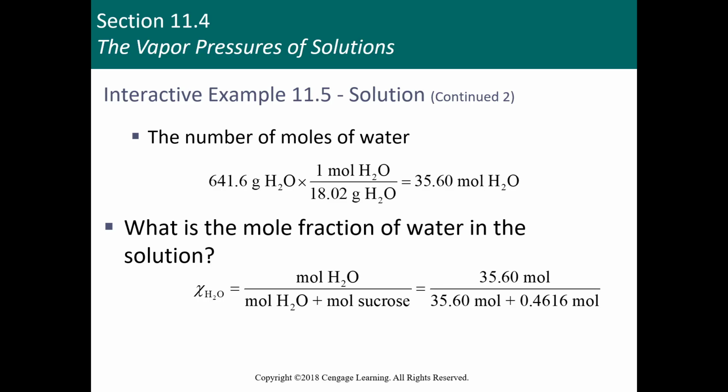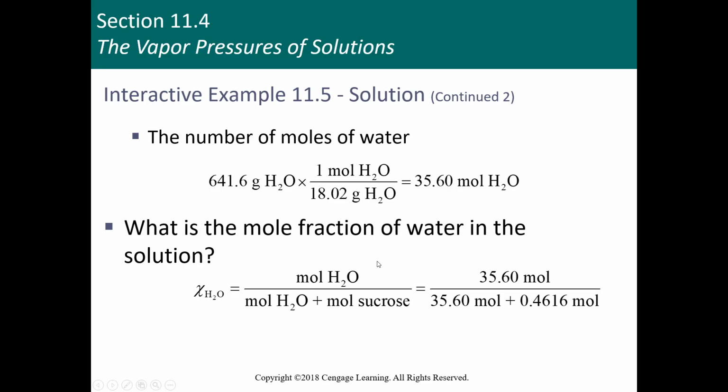So I need water. So what you'll see here is you have your moles of water divided by your total moles down here. And so it's going to be 35.6 moles of water divided by your 35.6 moles of water again, plus your 0.4616 moles of that sucrose sugar.